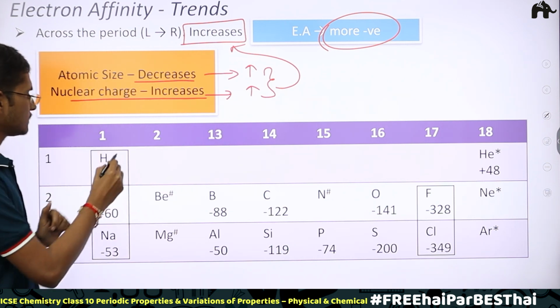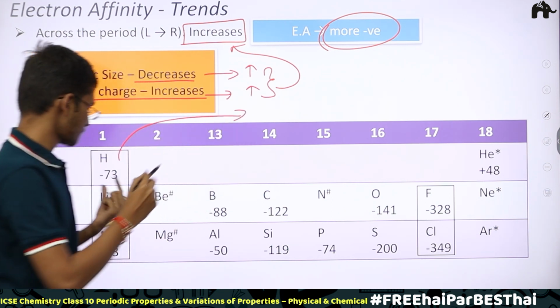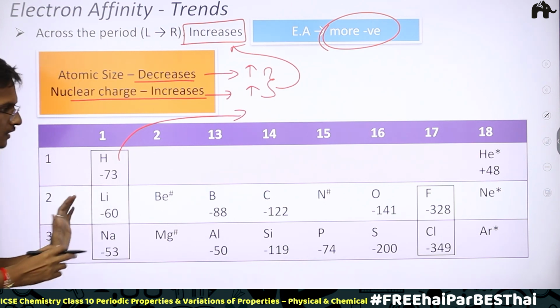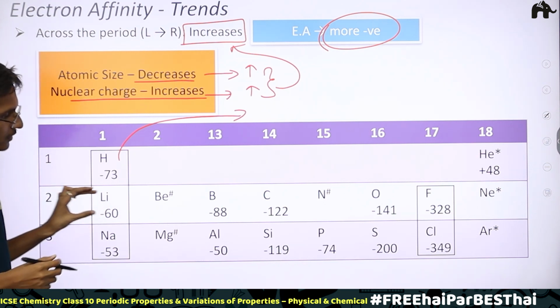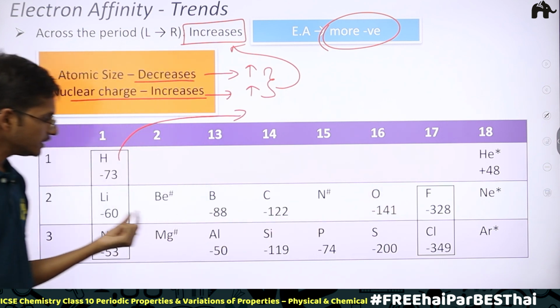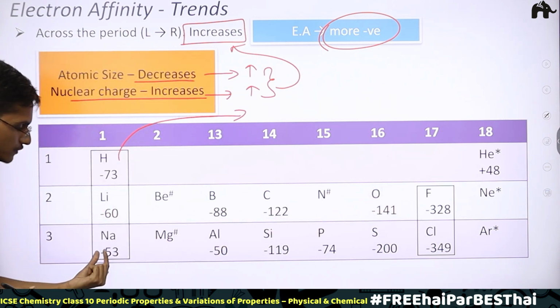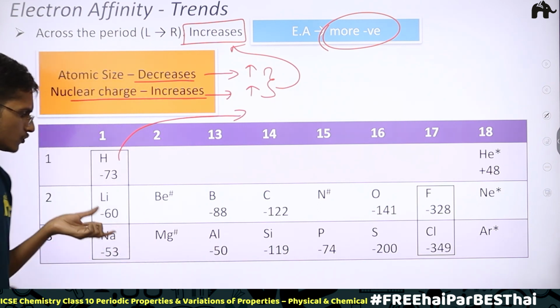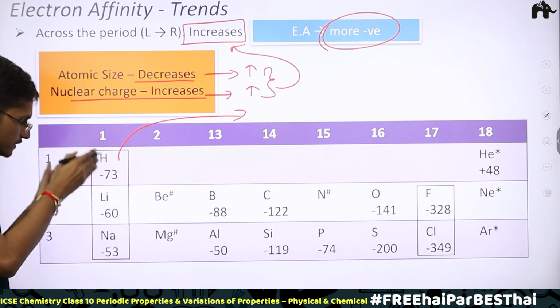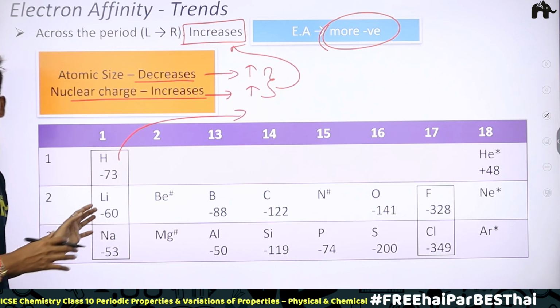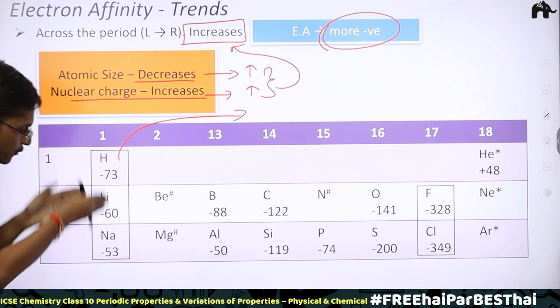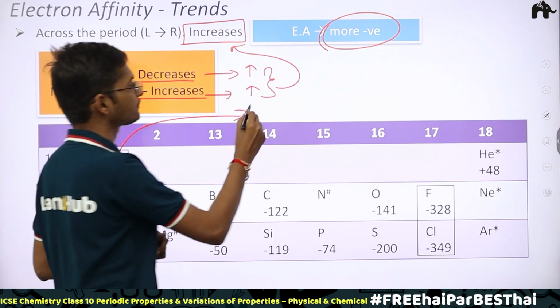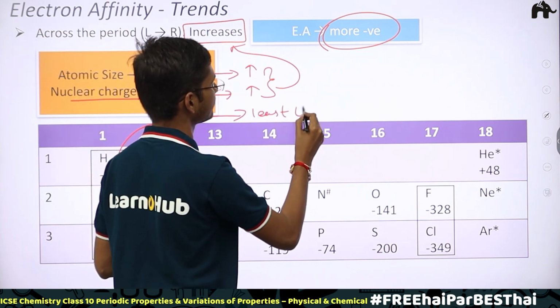Now a very interesting thing, see these group 1 elements: minus 73, minus 60, minus 53. You can observe this minus 60 value among this entire period, it's the least electron affinity. Here minus 53, it's the least. So what this information is helping us understand is that group 1 elements have the least electron affinity values.